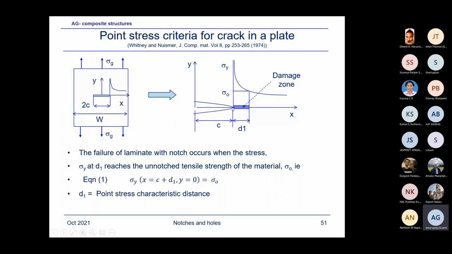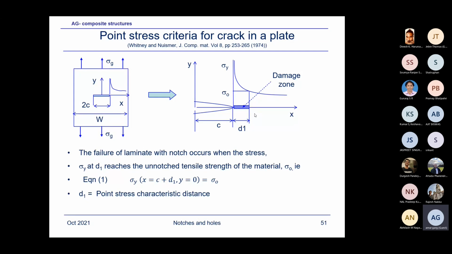Similarly, in composites, the stress right over here will cause some kind of damage zone, similar to what we saw for the holes, a small damage zone, which will try to reduce the stress near the tip. So using this damage zone concept, the point stress criteria was developed, as I said last time.